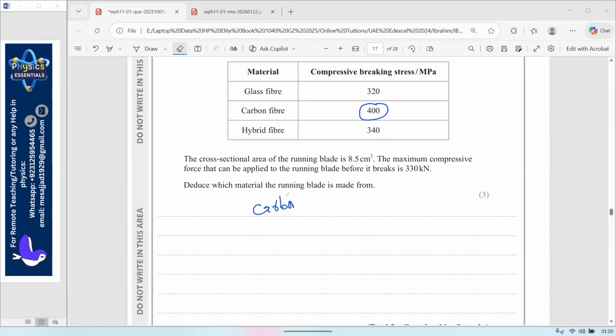We have to mention that the fiber was carbon.